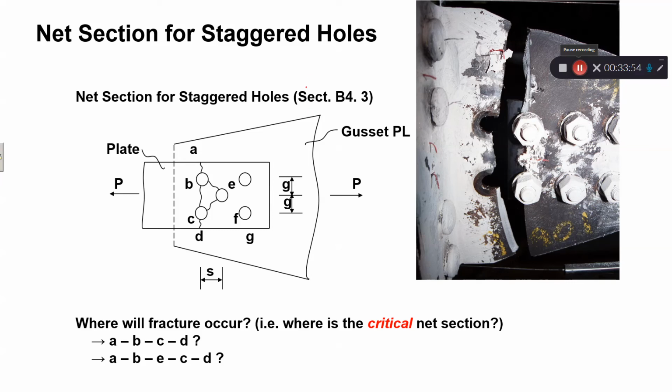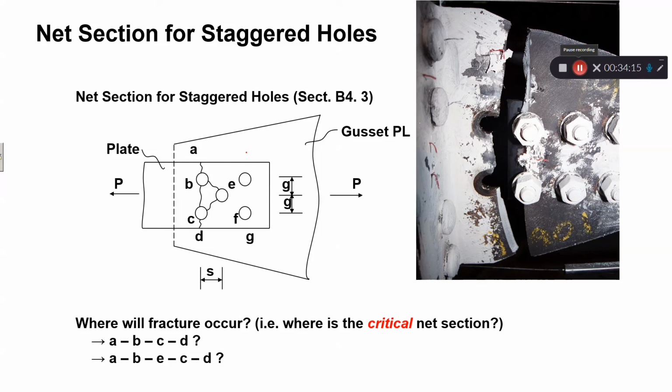Now, sometimes we would have a scenario like this, right? We have a fastener pattern spread out like this. We have staggered holes. So in this scenario, how to determine AN, net area?